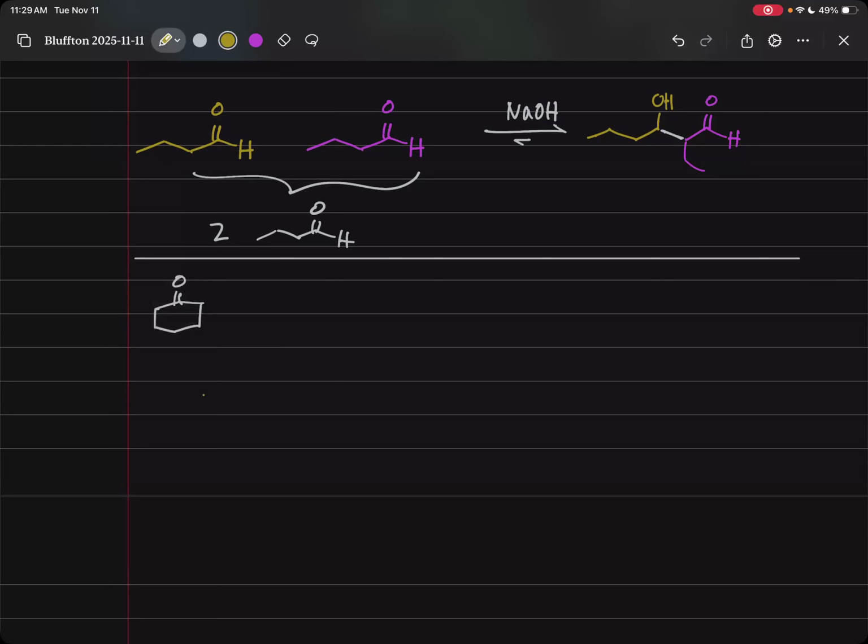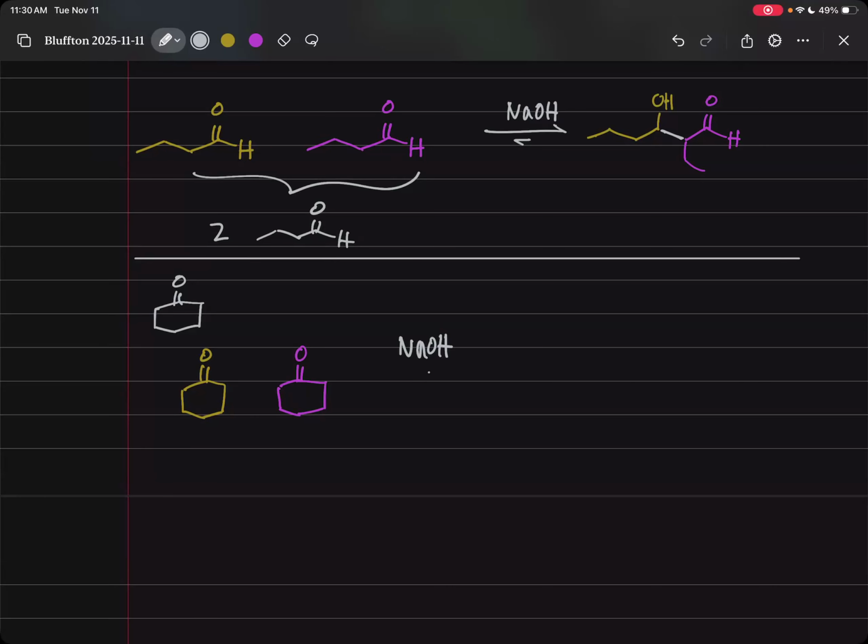Another way we can write it is putting both equivalents of the cyclohexanone separately. So we're going to do sodium hydroxide again, but we have ketones as our starting materials.